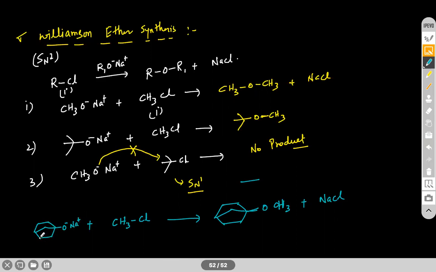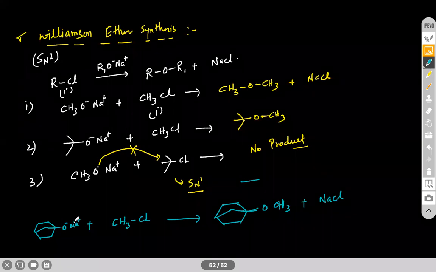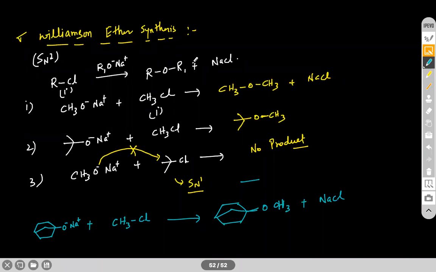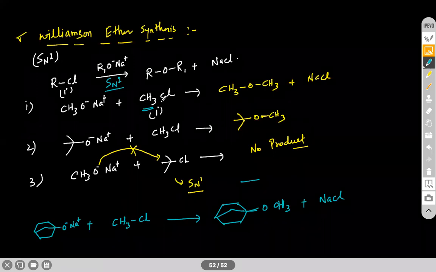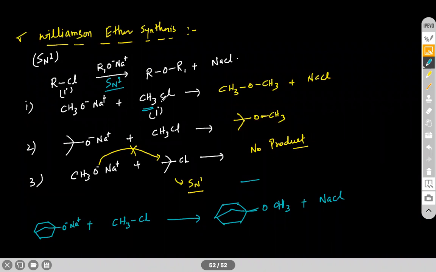If this is an alkyl halide, the nucleophile won't attack onto this carbon atom because of the ring structure. Okay, so in Williamson ether synthesis, the mechanism is always SN2, right? And the smaller alkyl group always goes with the alkyl halide. Done?